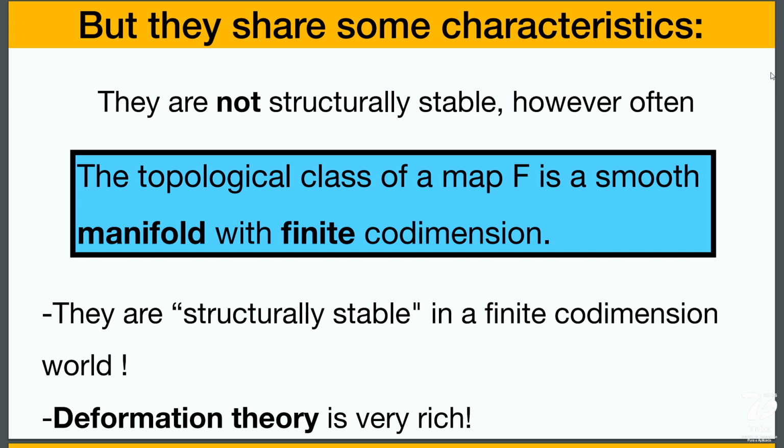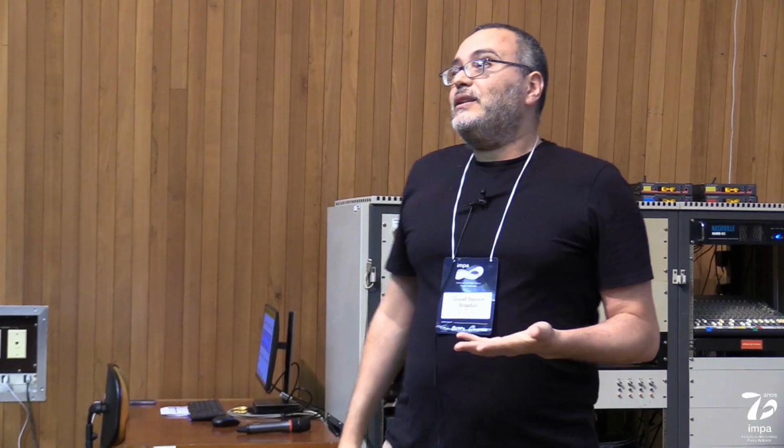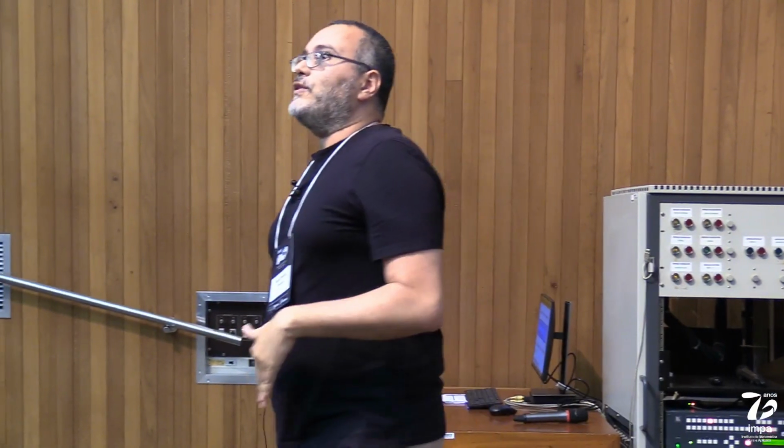Inside this infinite dimensional, finite codimensional manifold, they behave like strictly stable things. That means that the deformation theory of these maps is extremely rich, and I think that is the difference between real one-dimensional dynamics and higher dimensional, two-dimensional or three-dimensional, real dynamics. This is really specific to one-dimensional dynamics, and I'm trying to explore that.